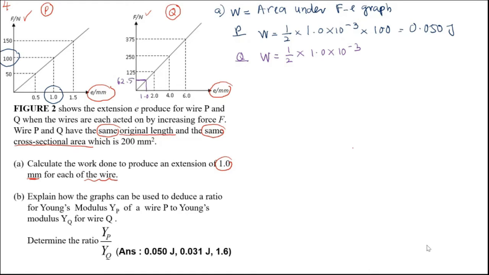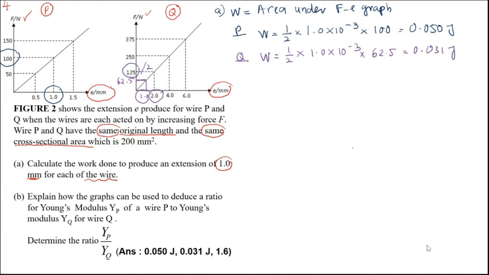How to get 62.5? This 125 you need to divide by 2, because 125 is for 2 millimeter elongation, and for 1 millimeter elongation it is half of the force applied for 2.0 millimeter. So multiply with 62.5, and the work done for wire Q for 1.0 millimeter will be 0.031 joule.